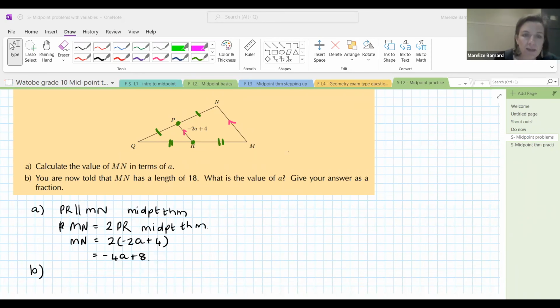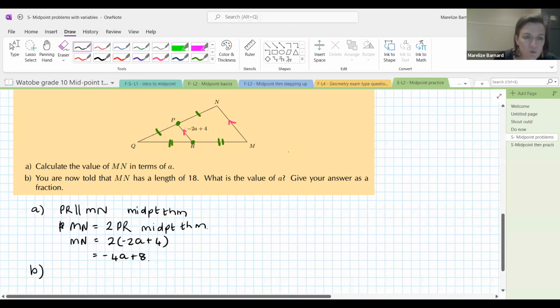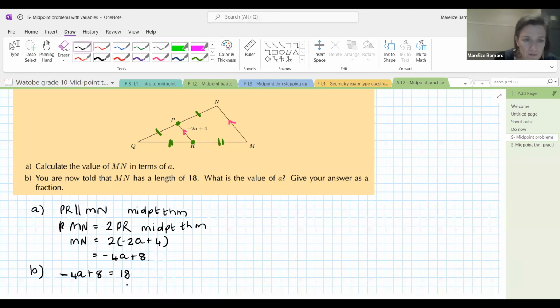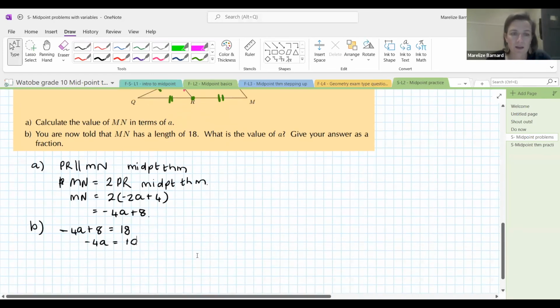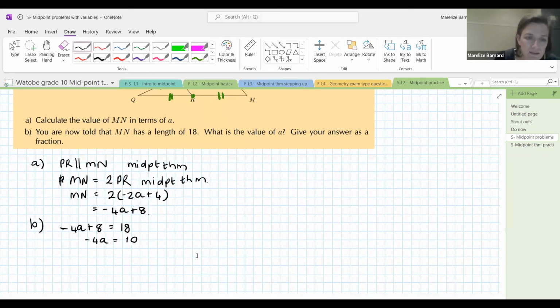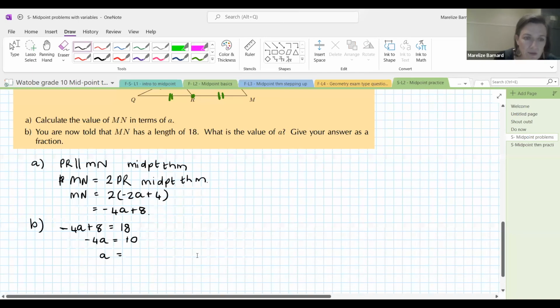Our length of MN is minus 4a plus 8, and that is equal to 18. We're going to take our 8 over to the other side. And then we're going to get our a. We're going to divide 10 by negative 4a.